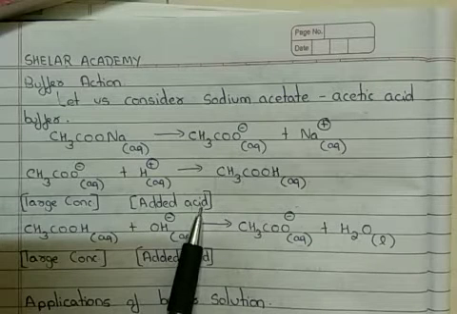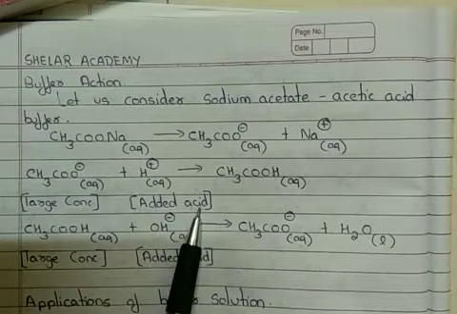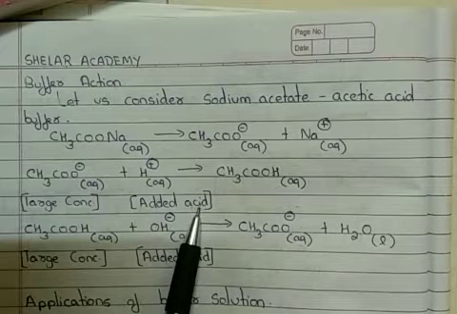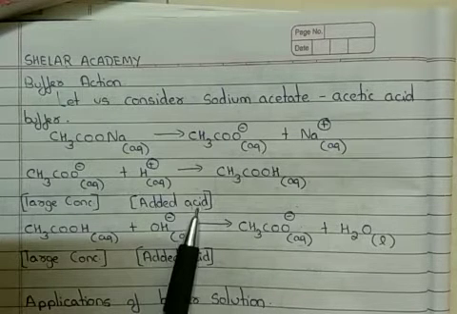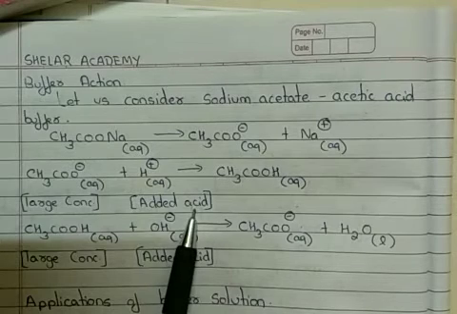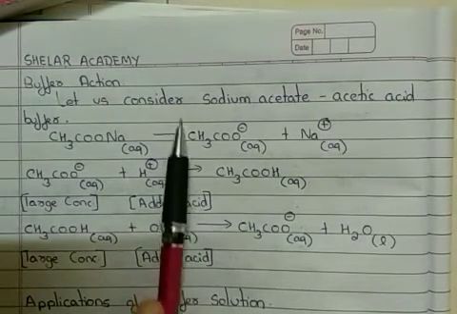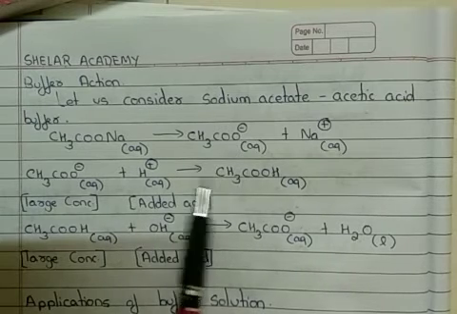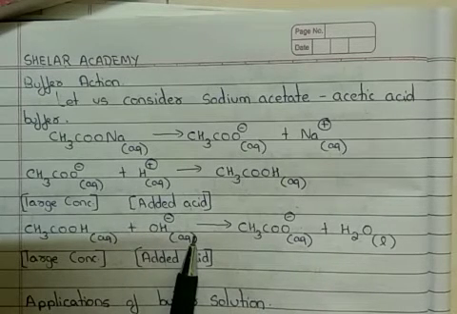This is what we need to answer when they ask us to explain the mechanism of buffer or explain the action of buffer. In this, along with the given reactions, we have to mention the reactions in the form of statements. That is very important.